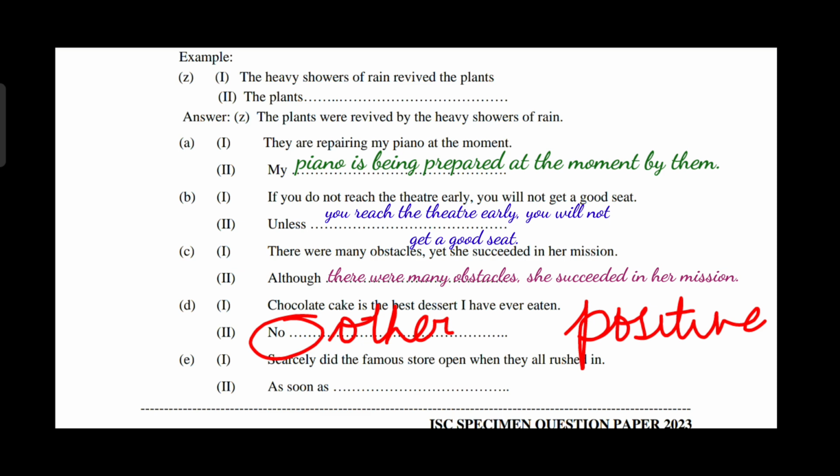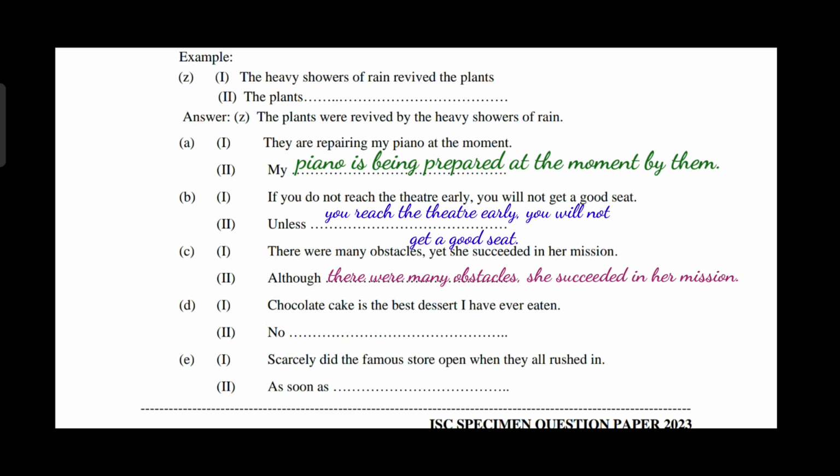No other. Always use no other together. No other dessert I have ever eaten is as good as chocolate cake. Good, better, best. So, the positive form of best is good.